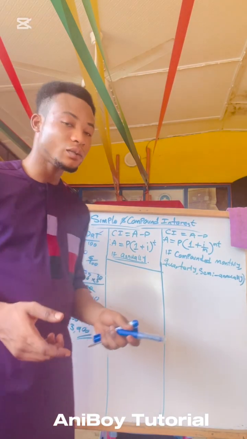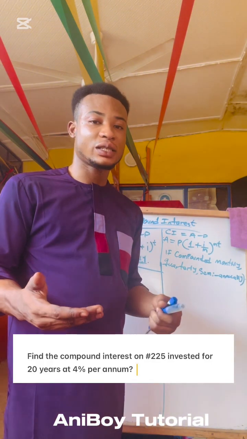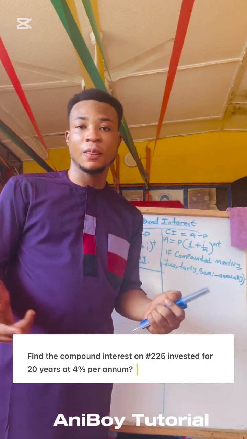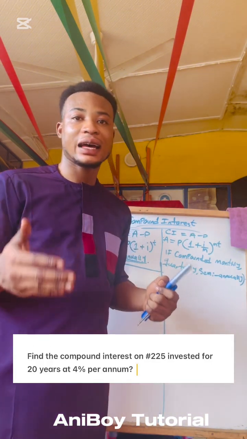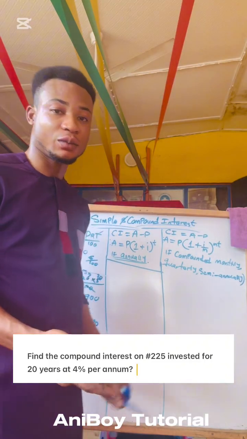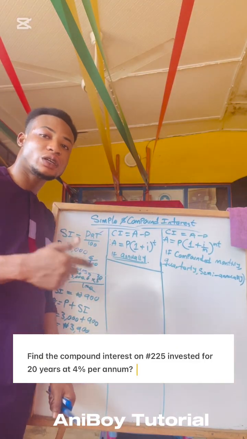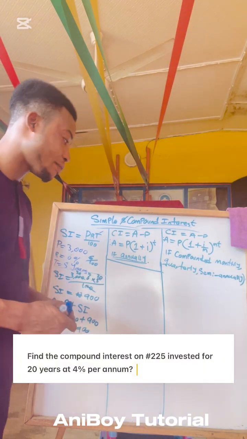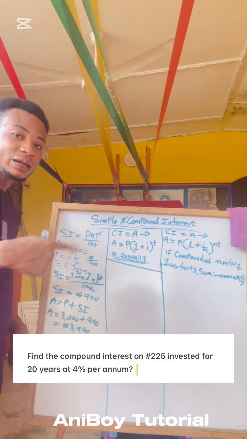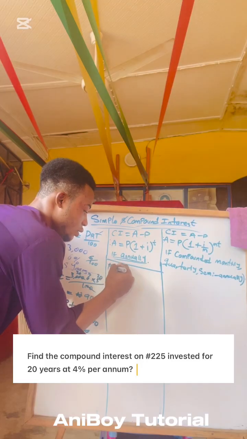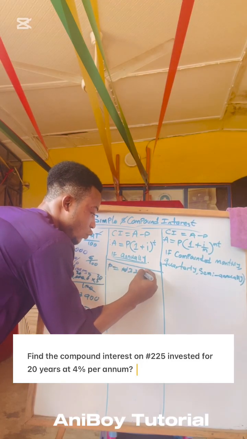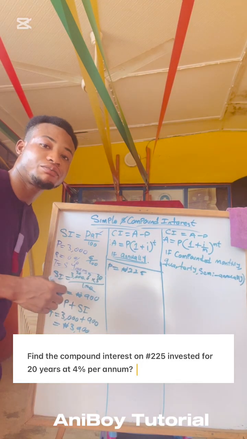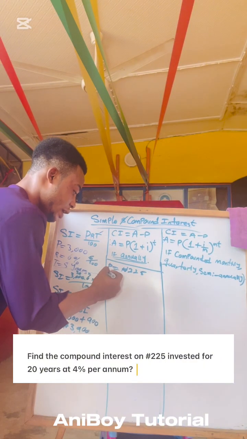An example. Find the compound interest on 225 naira invested for 20 years at 4% per annum. So what is our principal in that question? Our principal is equal to 225. What is our I, interest?